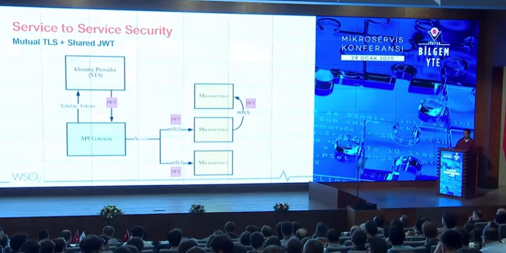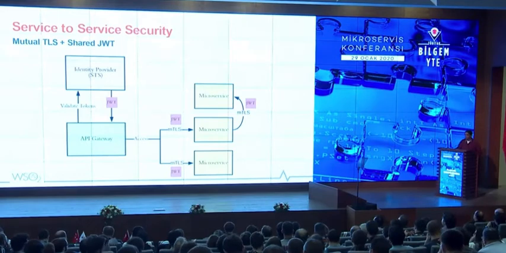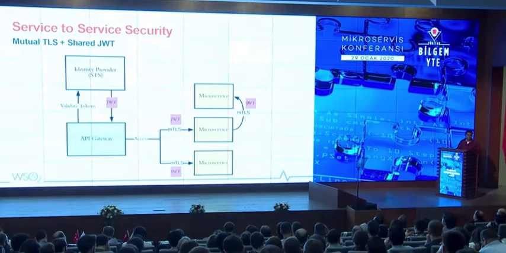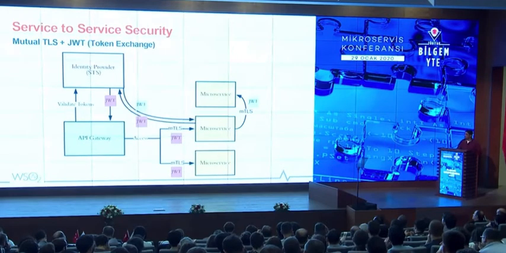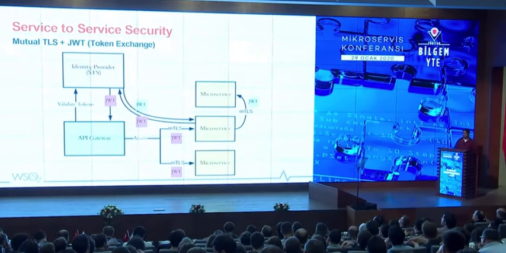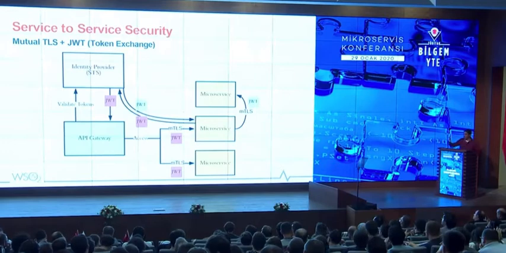A JWT can also carry a set of scopes. Scopes define what actions a particular microservice can do with that particular JWT. To fix that, you pass a JWT from the gateway to the first microservice.